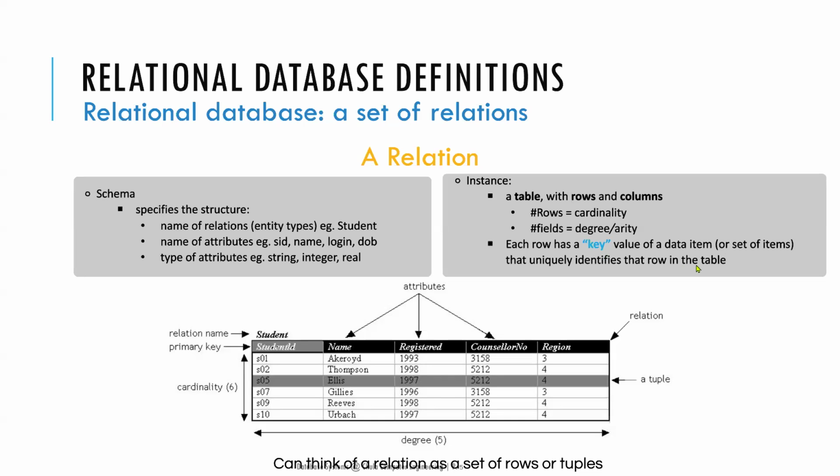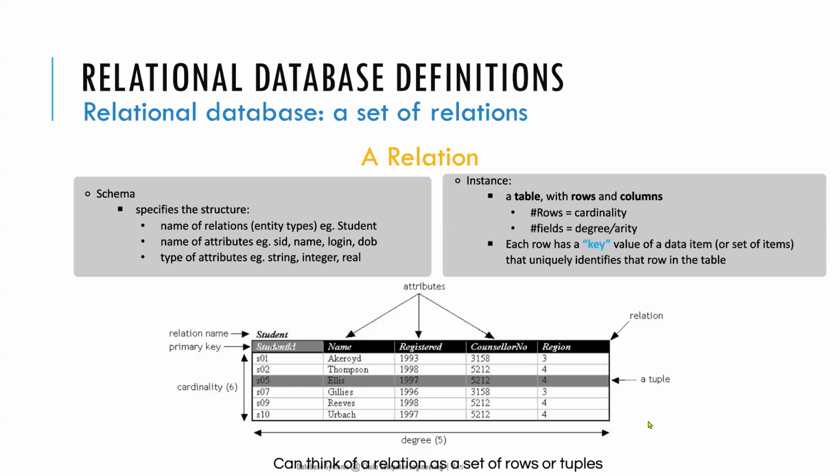What it means is that for each of the row, you cannot have any duplicate. Each of the row has no duplicate. So if I translate that, when we are talking about a relation, we talk about the schema or the structure of it first. And then when you have data within it, then we talk about the instance.